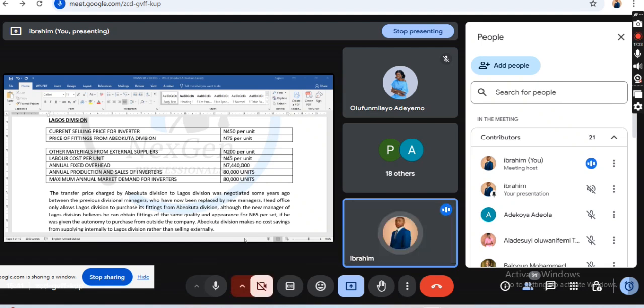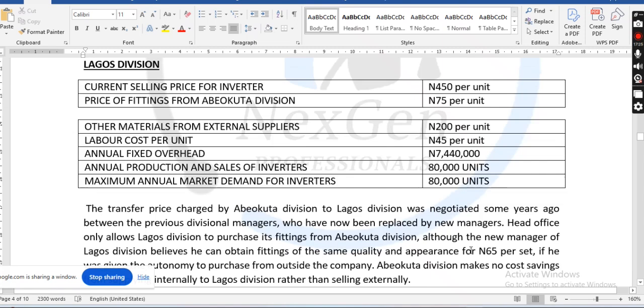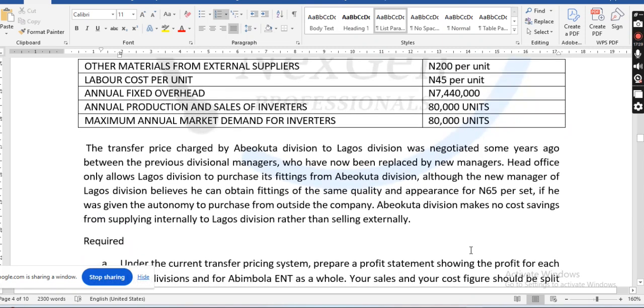What is the organization policy? The transfer price charged by Abeokuta division to Lagos division was negotiated some years ago between the previous divisional managers who have now been replaced by new managers.